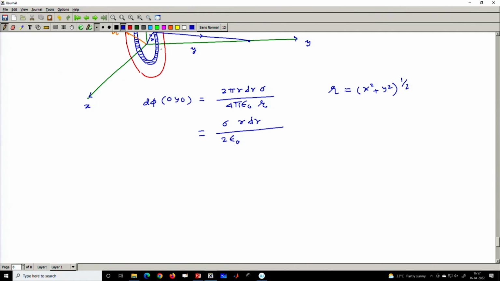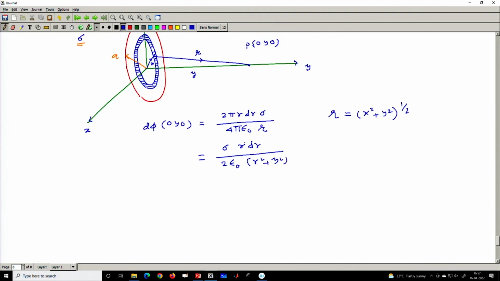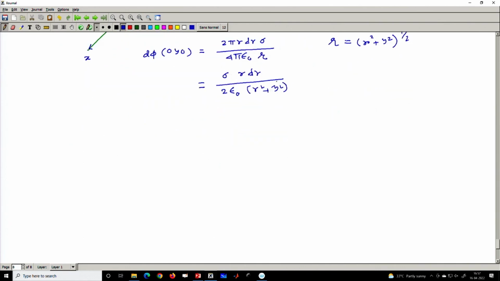In this case it is simply r square plus y square, since I already defined r here, so whole to the power half.